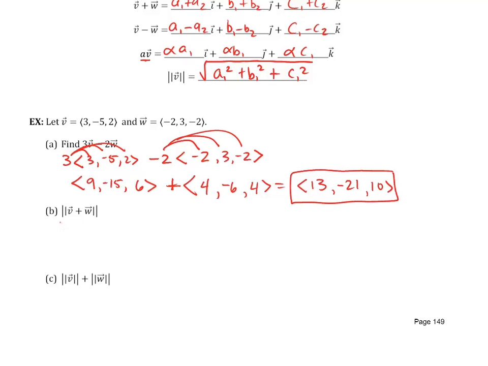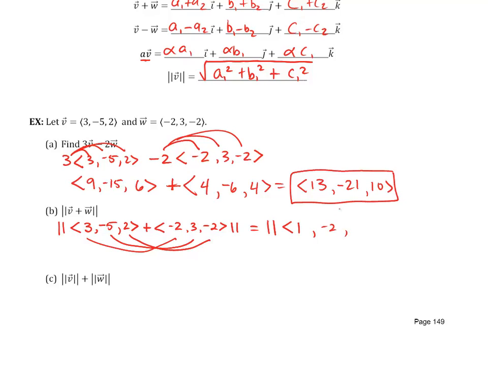To find the magnitude of v plus w, first we're going to add v plus w and then find the magnitude of that resulting vector. <3, -5, 2> plus <-2, 3, -2>. 3 plus -2 is 1. -5 plus 3 is -2.